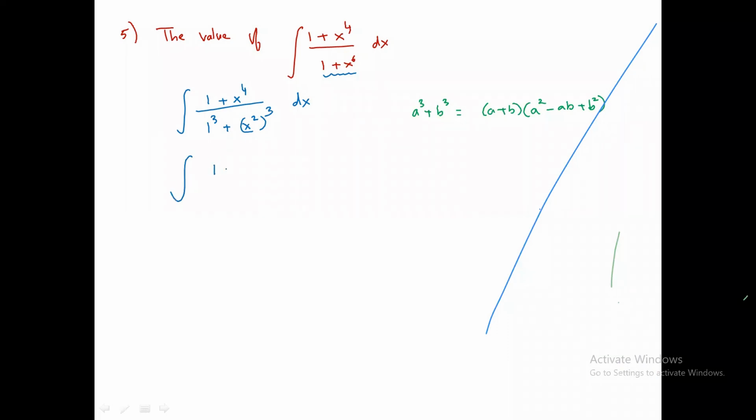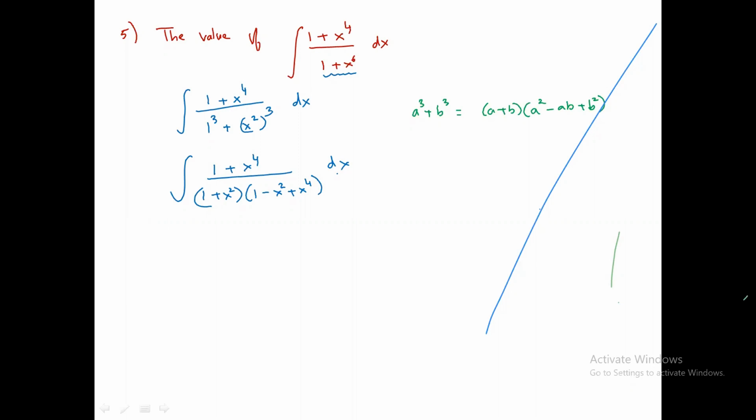So I will write 1 plus x power 4 by a plus b into a square minus ab plus b square dx. This is what I have.